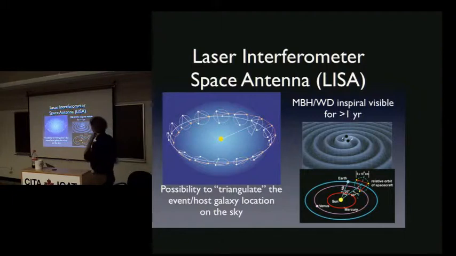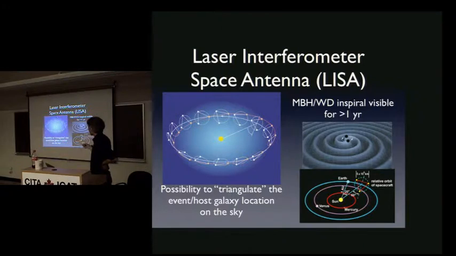And in both cases, these sources are quasi-stationary, or slowly decaying is actually more correct. Slowly decaying sources, shrinking under emission of gravitational waves. You can observe them for a year, or in some cases several years for the EMRIs.